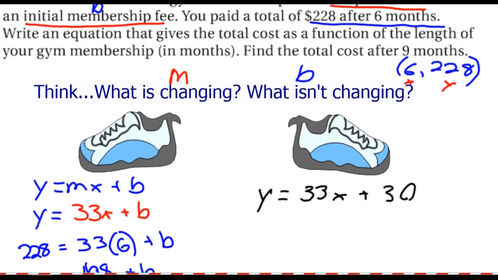Now it says find the total cost after 9 months. Well, what did we determine that our months was? We determined our months was our x. So, because we're paying $33 per month, we have y equals 33 times 9 plus 30.